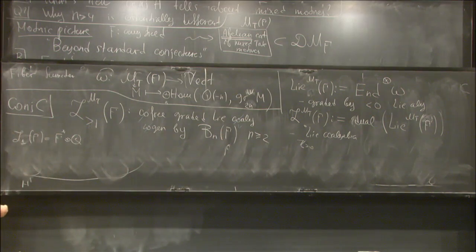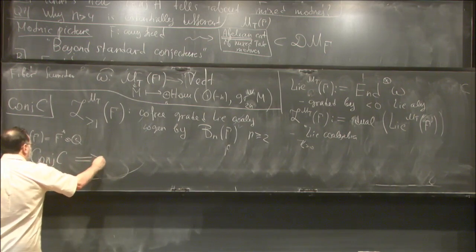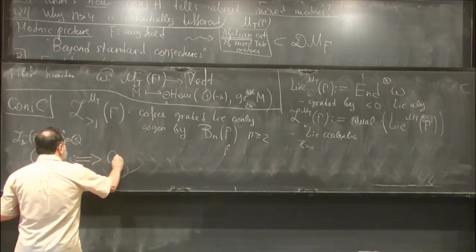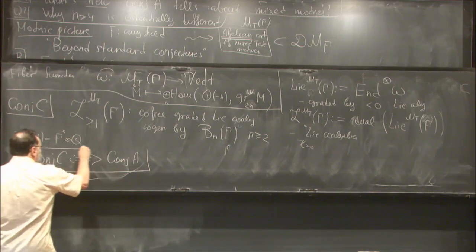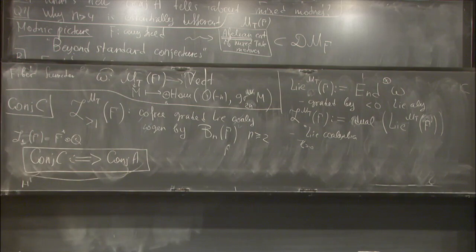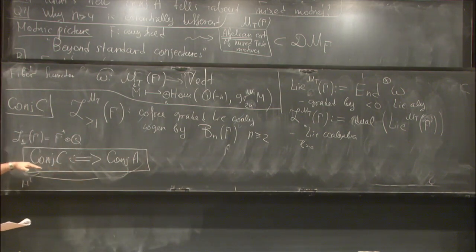And now I'm saying that this conjecture C is actually equivalent to this original conjecture A about the structure of motivic complexes. The main upshot here is that when we say that motivic complexes have the smallest possible model generated by polylogs, what really stands behind this is a conjecture that we know the motivic Galois group of this category.